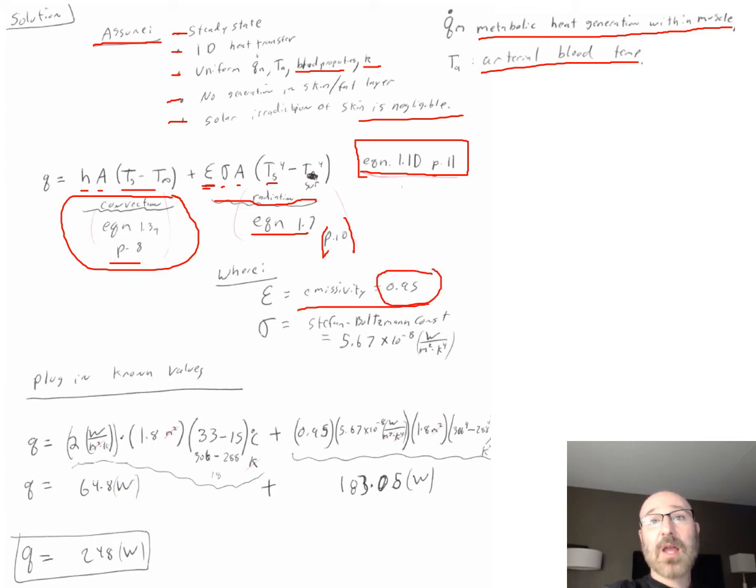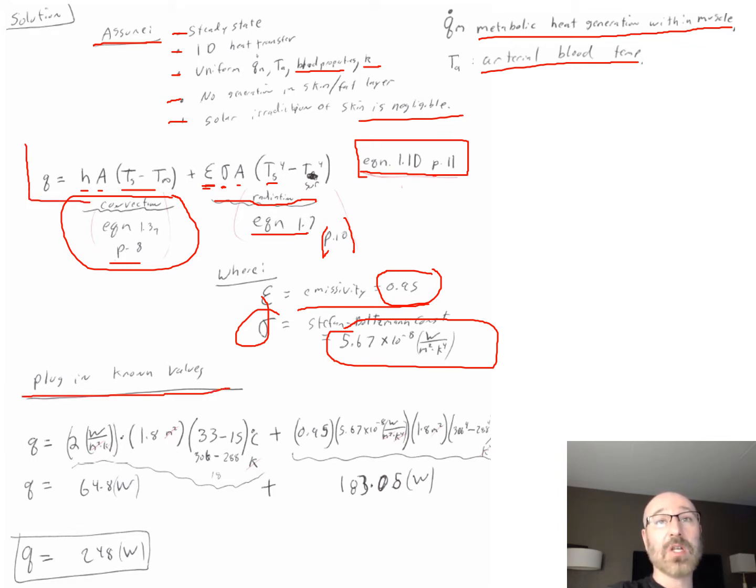And our sigma right here is our Stefan-Boltzmann constant, which we also have a value for, given right here, 5.67 times 10 to the negative 8 in watts per meter squared times Kelvin to the 4th. So from there, with those two known and our other values from our setup page that we wrote down here, now that they're all in the correct units because we took the time to do that, we can plug in all those known values to this governing equation up top here.